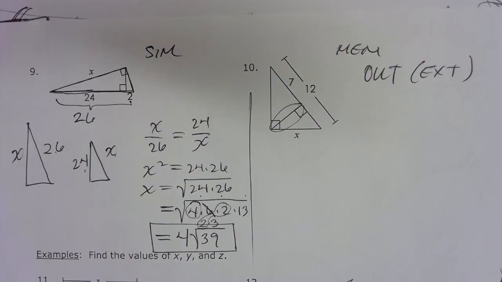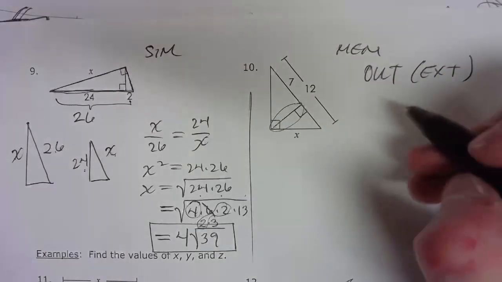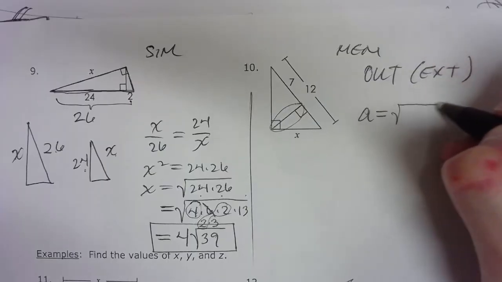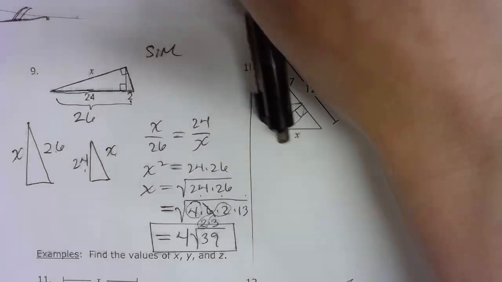So what we could do here, I notice, since this is an exterior problem, I know that A is going to be equal to the square root of, and let me look back at my paper because I'm not a memory person.